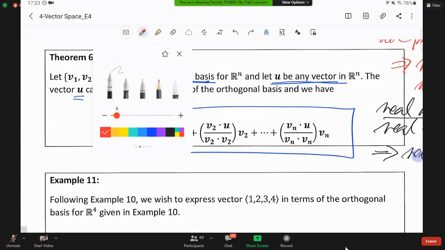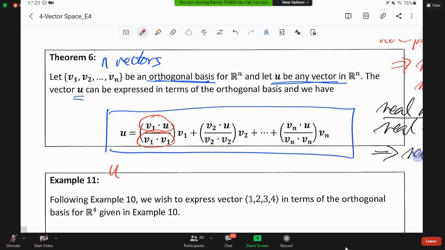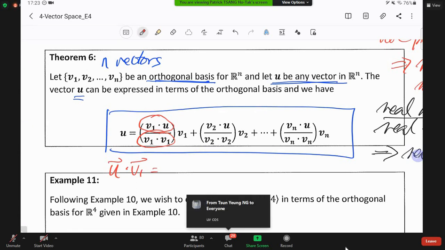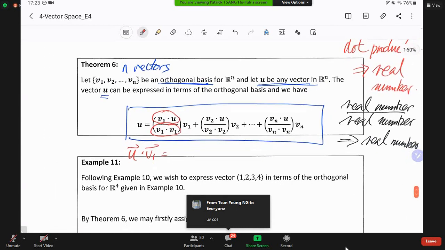Suppose you want to check vector u dot v1. Can you tell me what is on the right hand side? If you check the dot product u dot v1, quite a number of terms are gone because they are orthogonal to each other.